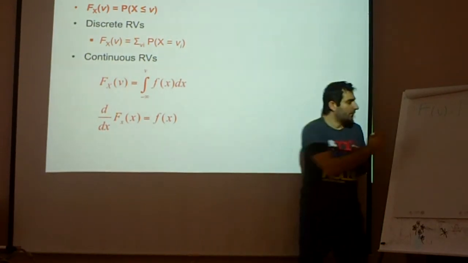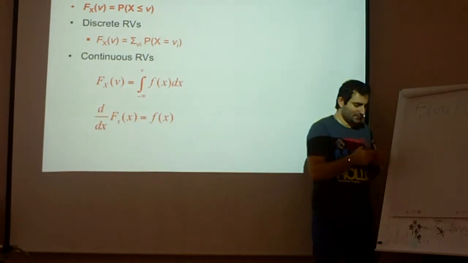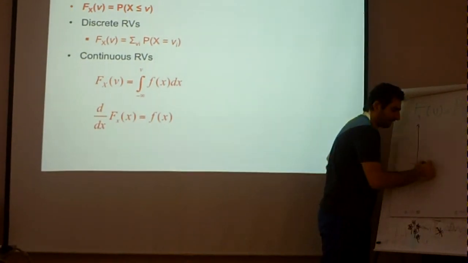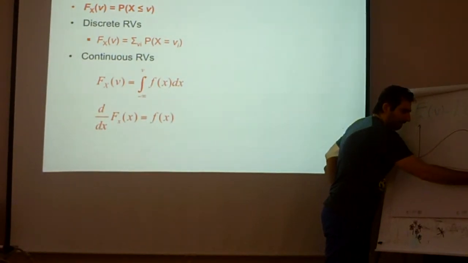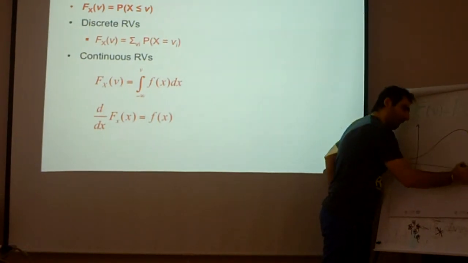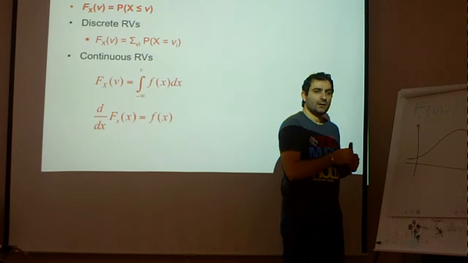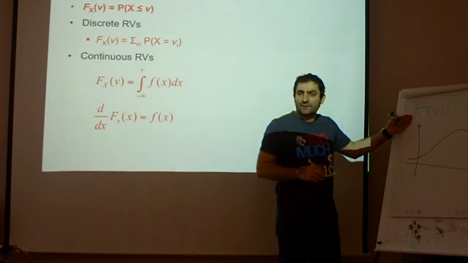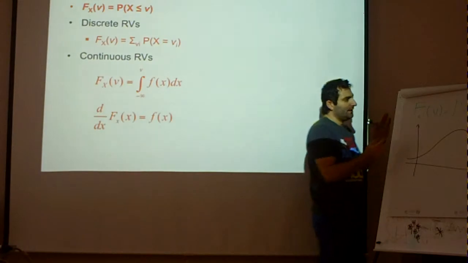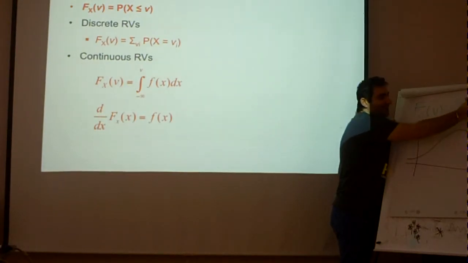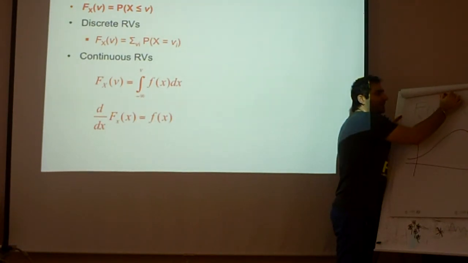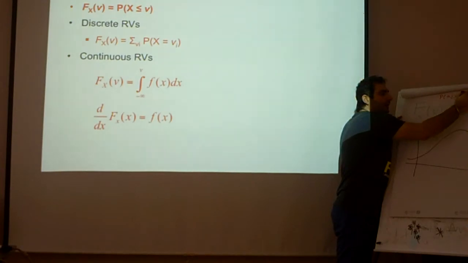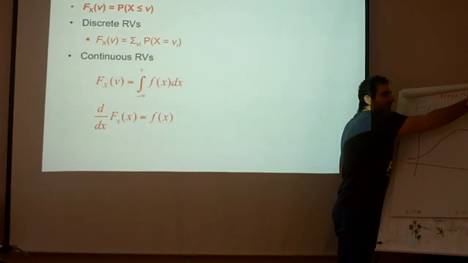Now, let's see what it visually means. What is the meaning of cumulative distribution? It means the probability of x is less than b. We remember the probability of x between a and b. It was the integral from a to b of fx dx, right?